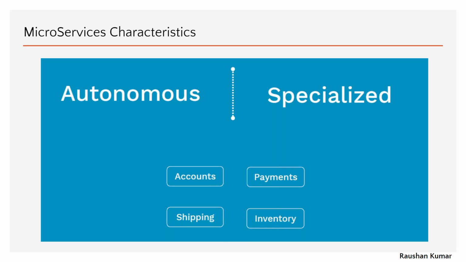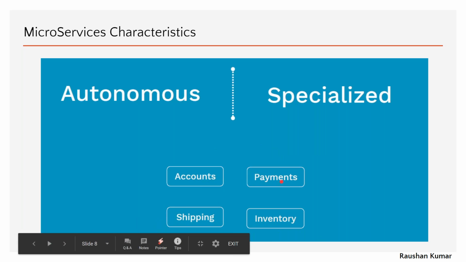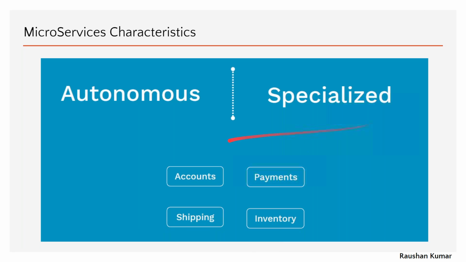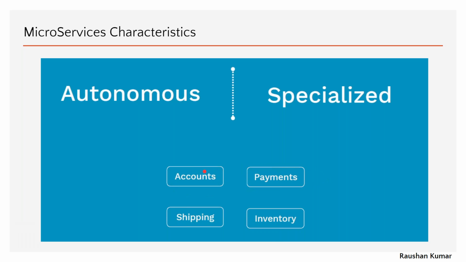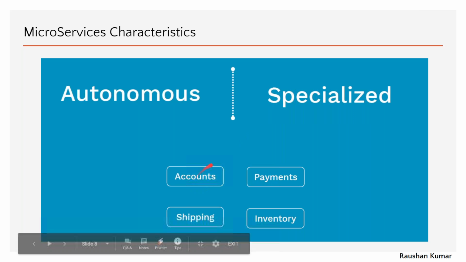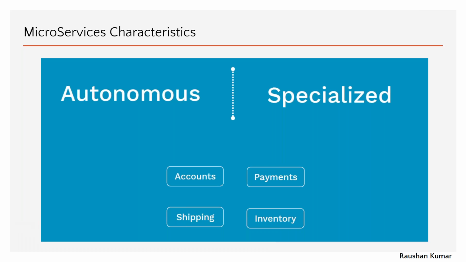Suppose accounts and payments have 40% of the code the same, I need not create two different microservices. I can club these two and create only one microservice because the code base is 40% the same. If I create these two as different microservices, I have to write that 40% of the code here also, and here also. So that's not a good decision.